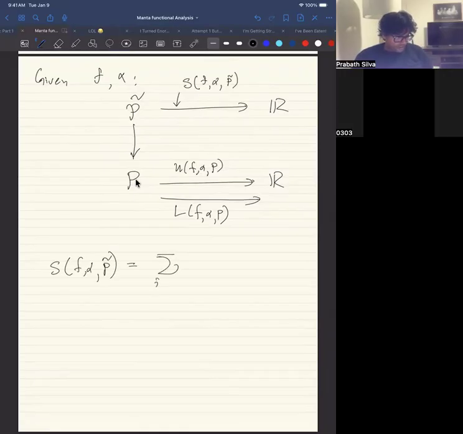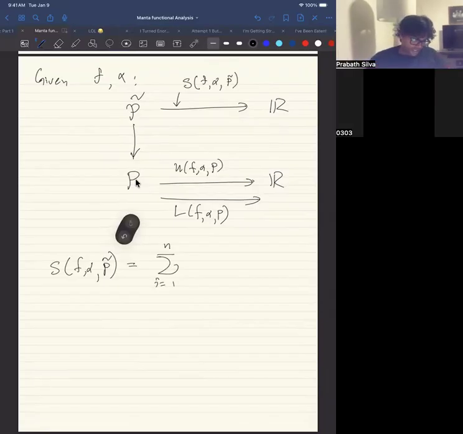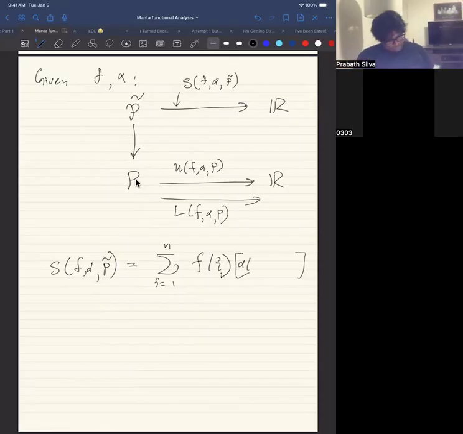The sum over i equals 1 up to n of f(c_i) times the delta alpha, which is alpha(t_i) minus alpha(t_{i-1}).